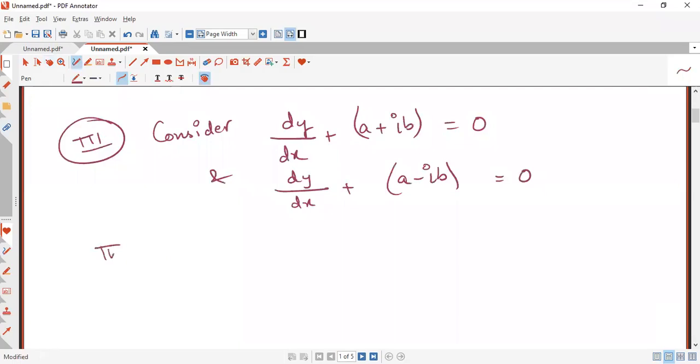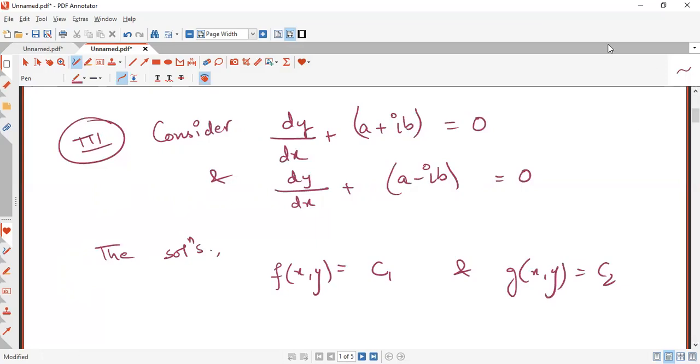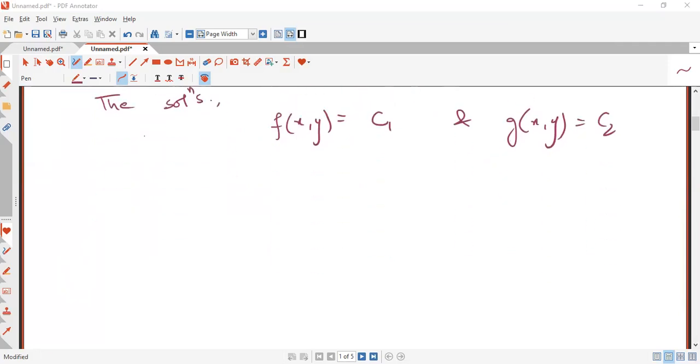Alright. And you will find the solutions of these. Suppose they are in the form of f(x,y) and g(x,y). And what you will do next? Instead of putting xi and eta as f and g, you will put xi as the sum of f and g and eta as the difference of f and g, so that you will get one real value and another as an iota value.